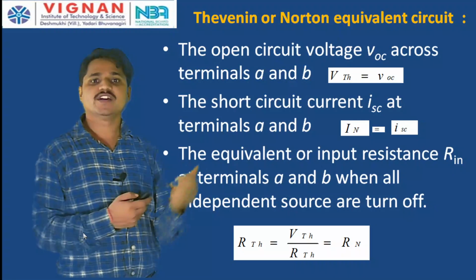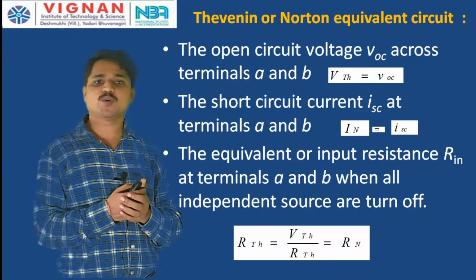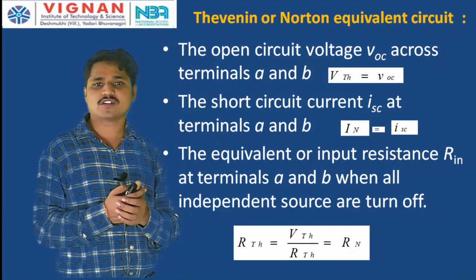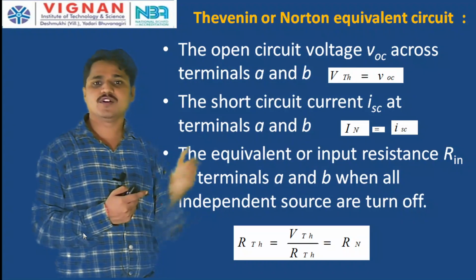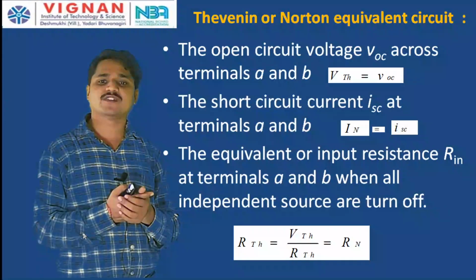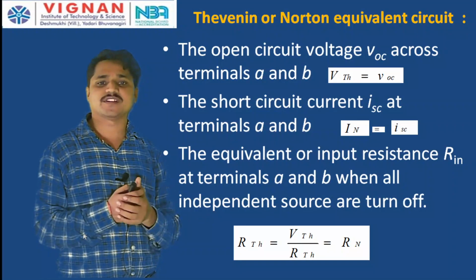Now, see, for the Thevenin or Norton equivalent circuit, the open circuit voltage VOC across the terminals AB is V Thevenin. We already solved problems on Thevenin's theorem. So V Thevenin is equal to VOC. The short circuit current ISC at terminals AB is IN, so IN is equal to ISC.